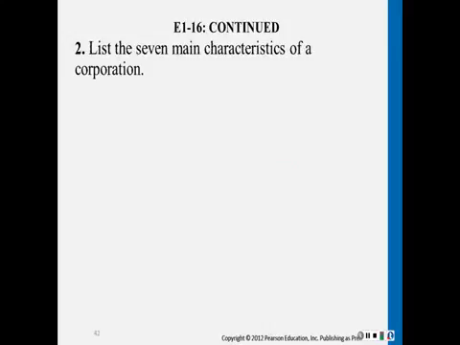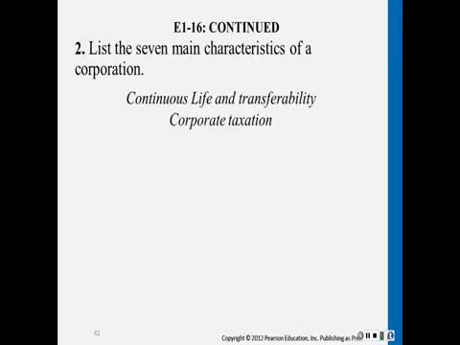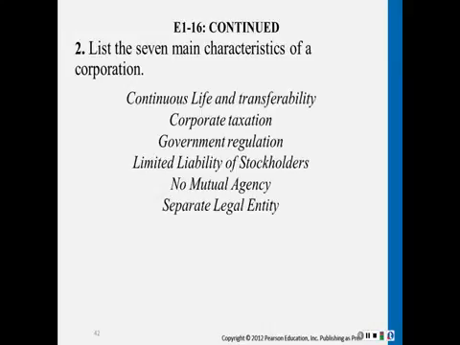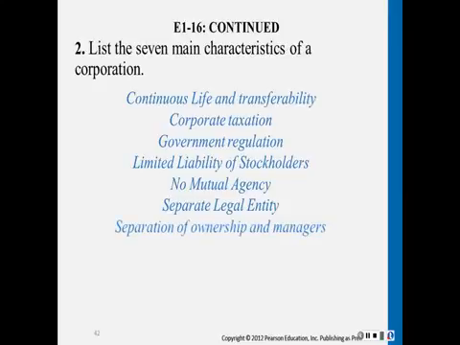Next exercise lists 7 main characteristics of a corporation: continuous life and transferability, corporate taxation, government regulation, limited liability of stockholders, no mutual agency, separate legal entity, and separation of ownership and managers.